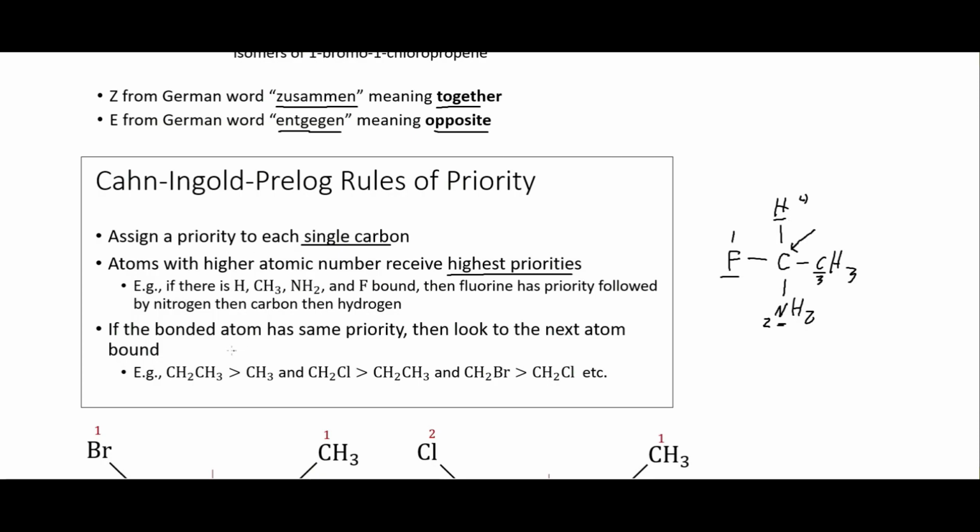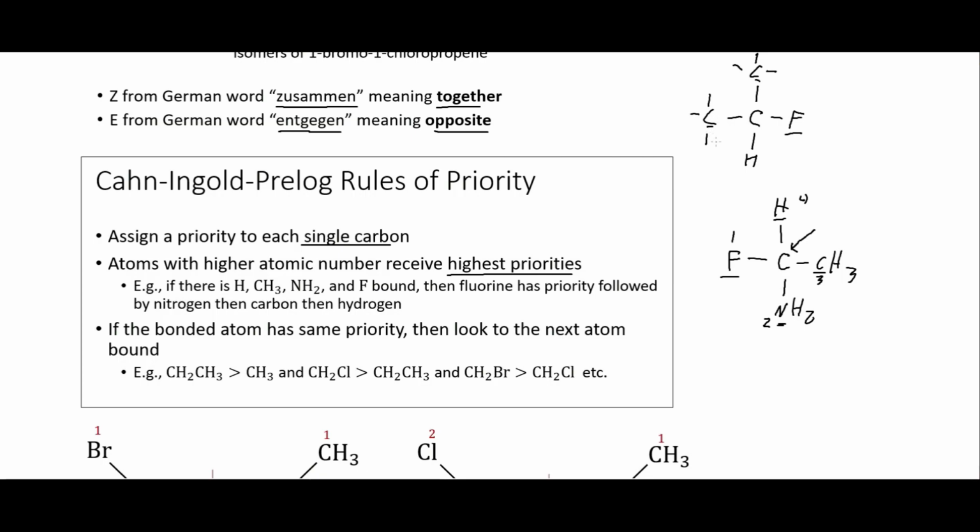So if the bonded atom has the same priority, so now say we have a carbon here and we have maybe two carbons, so maybe this is just an H and this is another F here, and these are bound to three other things here. So now we're looking at this and we could say, okay, we know this is going to be the highest priority, but what priority order do we put these carbons in?